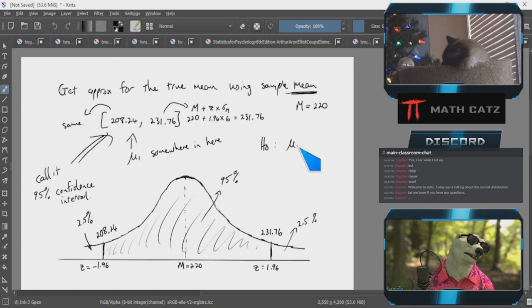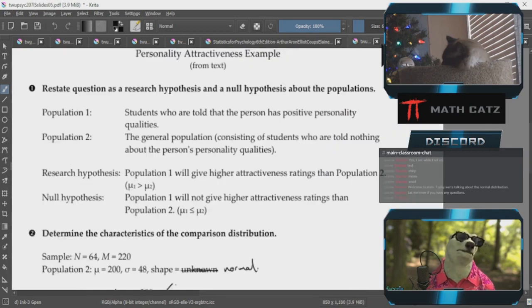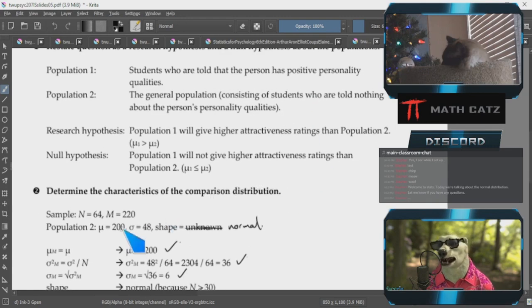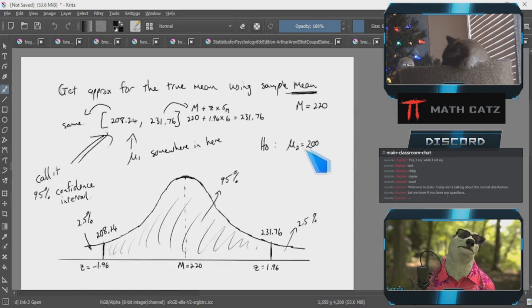and then I can look at my null hypothesis, rather the population, the original population, the population with no extra information. I think we numbered that population 2. It was 200, wasn't it? Yes, over here, 200. We can then use the confidence interval.